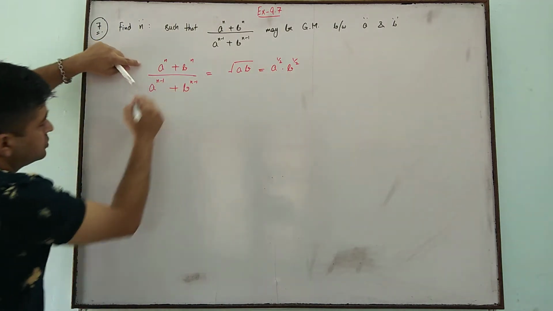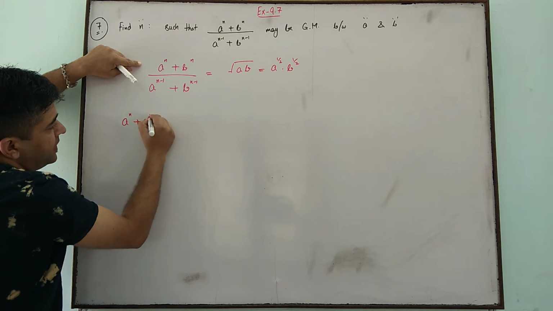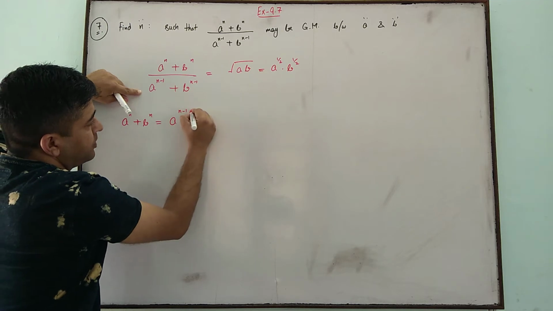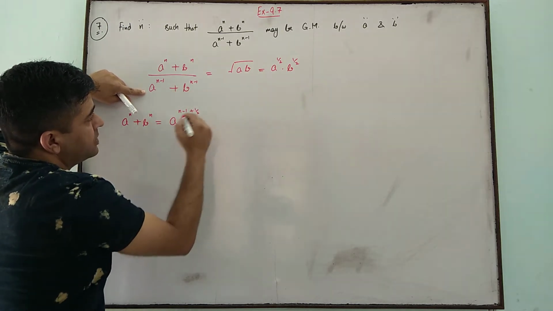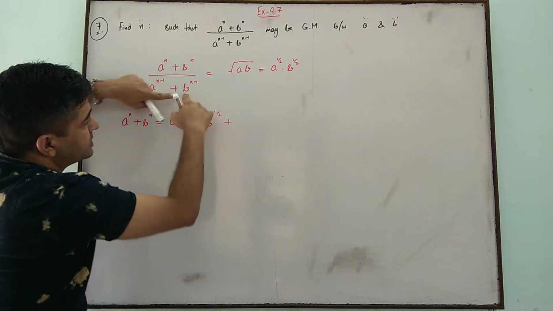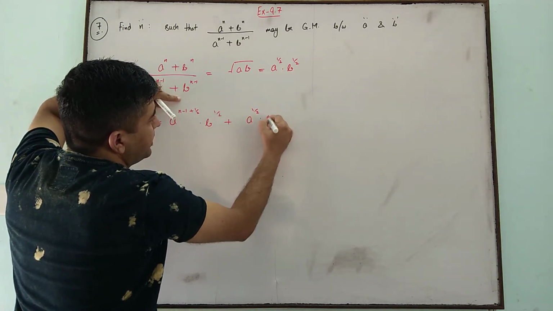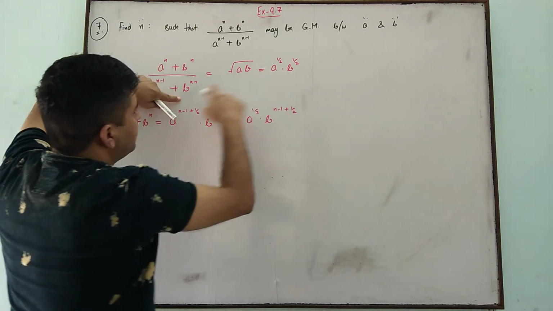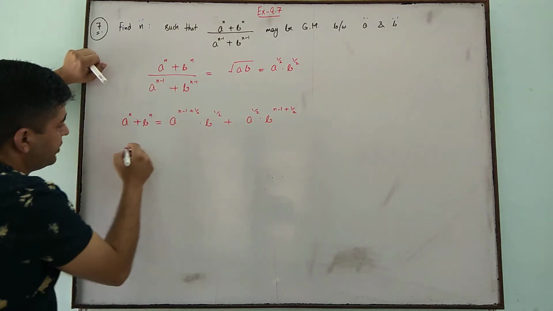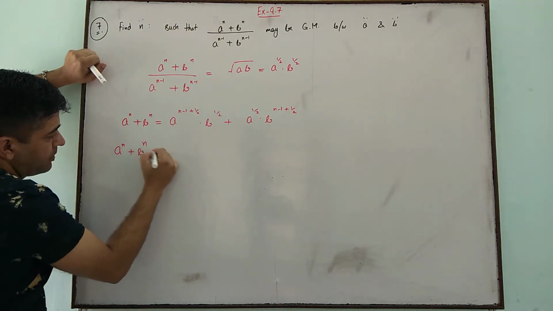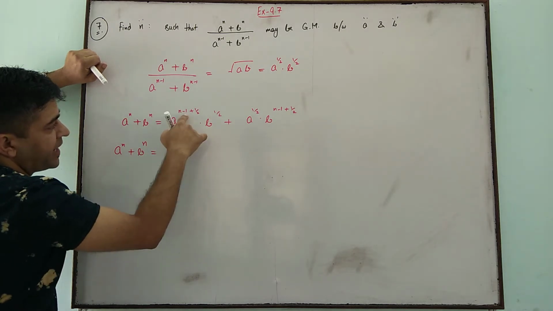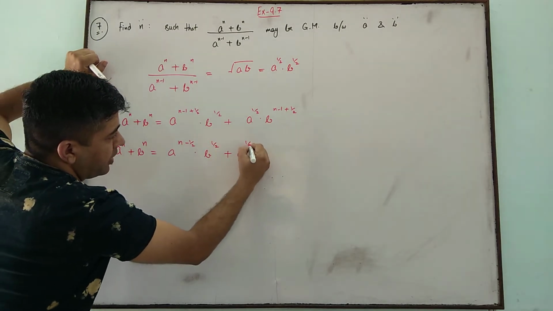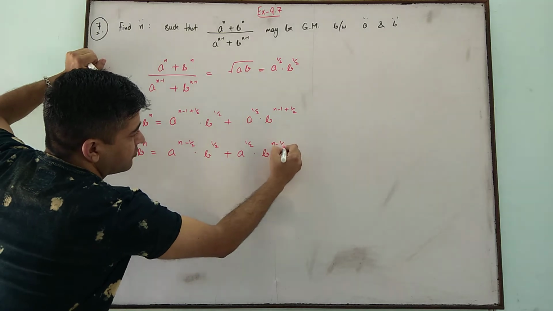Cross multiply this here, so we get a^n + b^n is equal to a to the power n minus 1 plus 1 by 2, base same, power will be added, times b to the power 1 by 2, plus a to the power 1 by 2 b to the power n minus 1 plus 1 by 2, base same of b, power we need to add, so we get a^(n-1/2) b^(1/2) plus a^(1/2) b^(n-1/2).